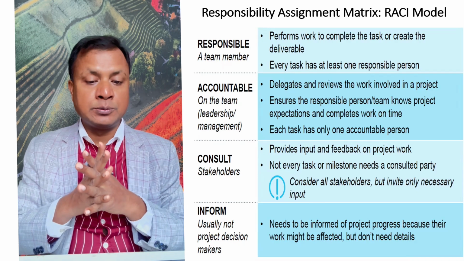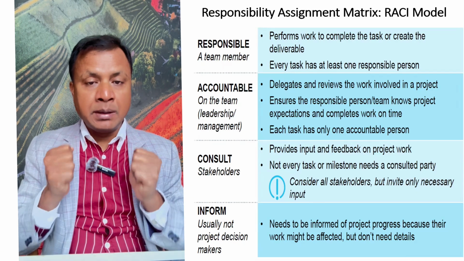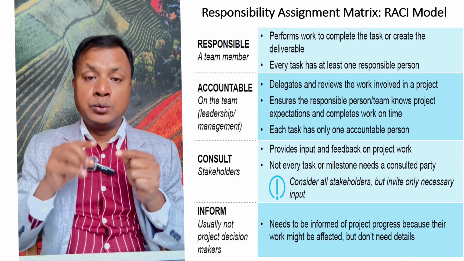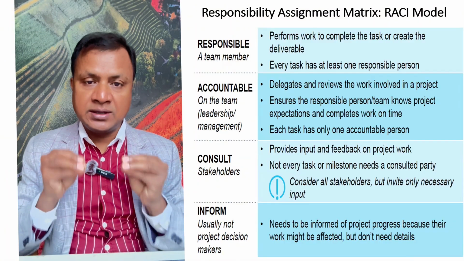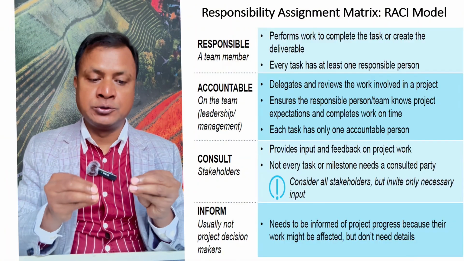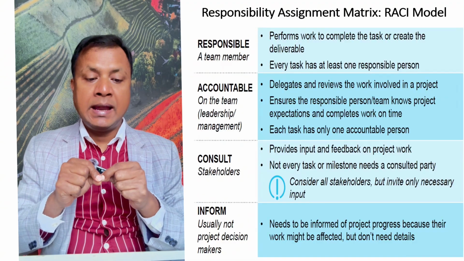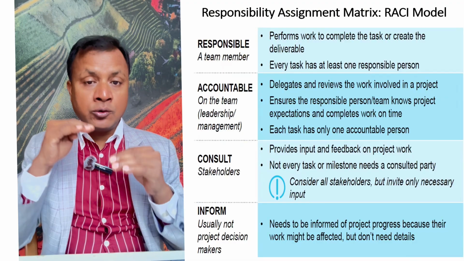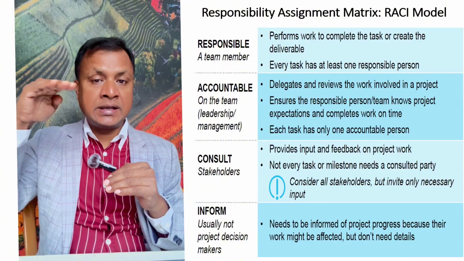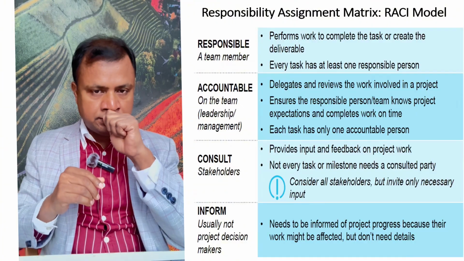So who will be responsible? The team member who performs the work, who does the duties, who actually works in the field. They will be responsible because they have to perform the work. And then who will be accountable? Accountable will be a person in a leading position.